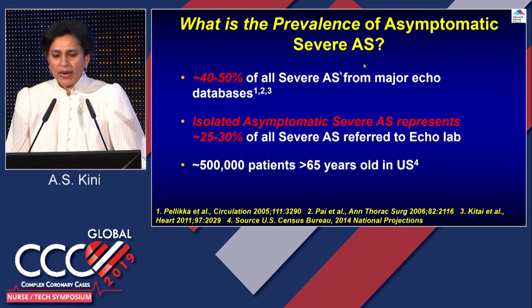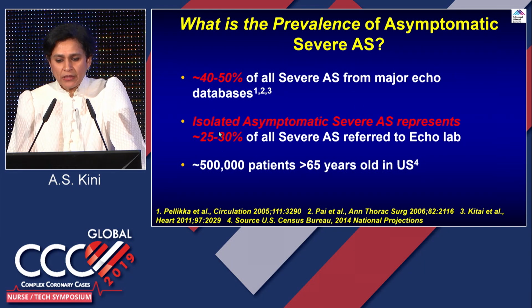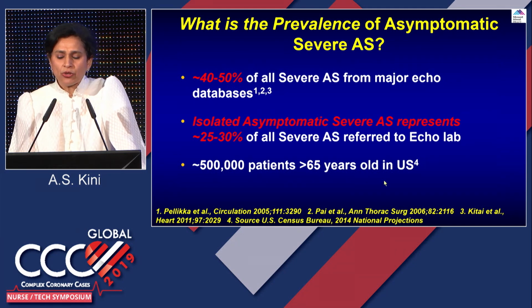Now, asymptomatic patients, just to give you the incidence and prevalence: 40 to 50% of all severe AS from the database. Isolated asymptomatic severe AS represents about 30% of the population, about 500,000 patients over 65 years old in the United States.